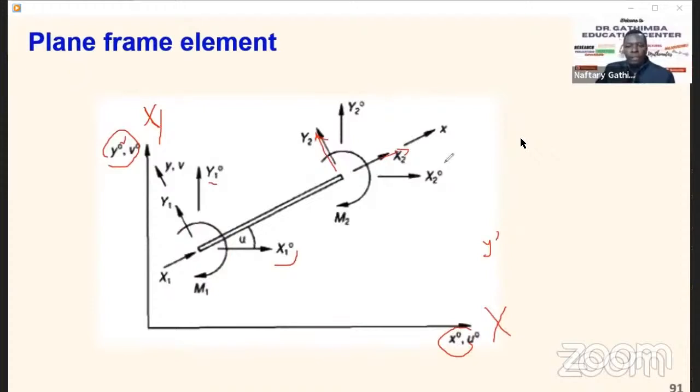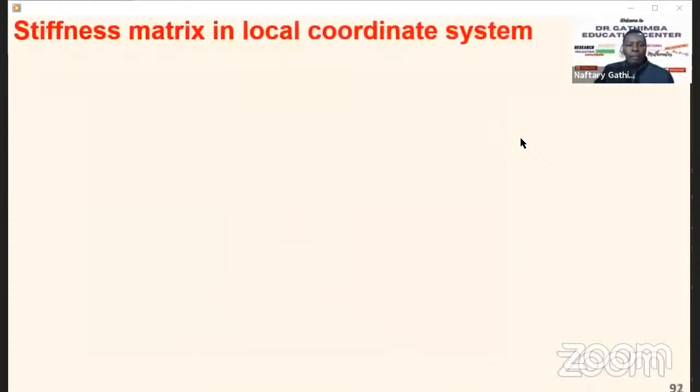So let's see. The derivation of this equation is nothing much but just combining the bar and the beam for the stiffness matrix. We are moving from the beam in the horizontal axis. Initially, we had a beam, and for the beam, remember the equation, EI over L cubed into brackets, with 12, 6L, 6L, 4L squared, like that.